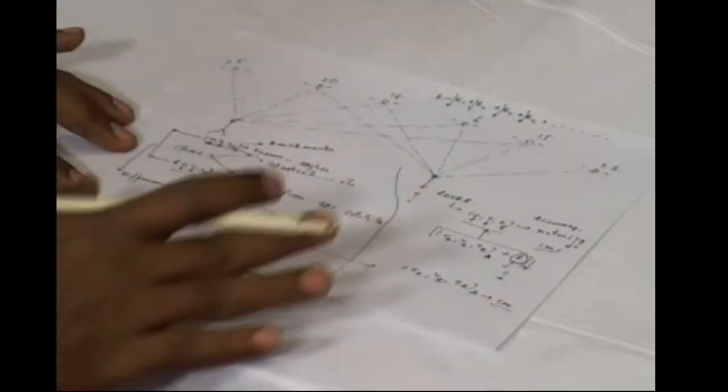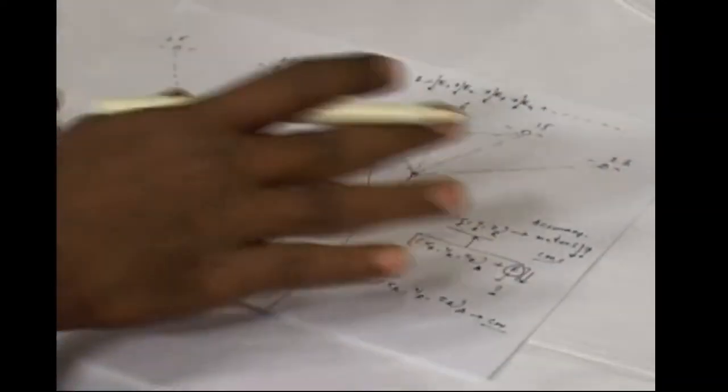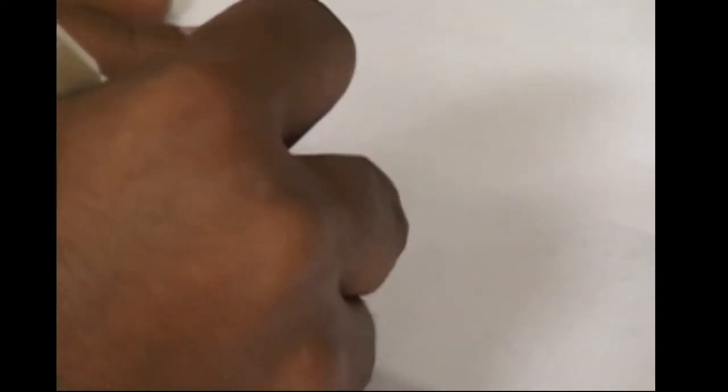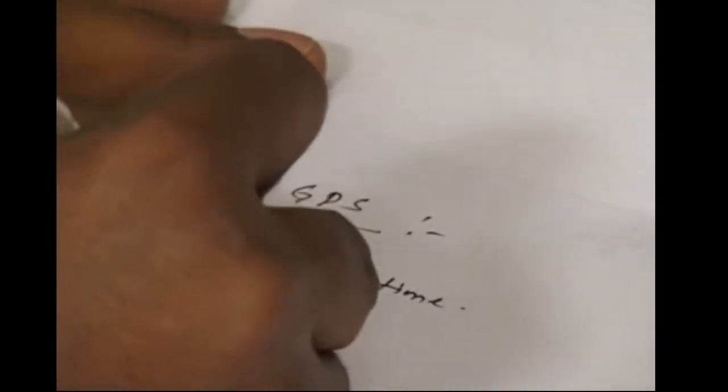Okay, so this is the basic philosophy behind DGPS, right? Further talking more about differential GPS, this can be done in two modes, right? One mode we call real time, and the second one is post processing.